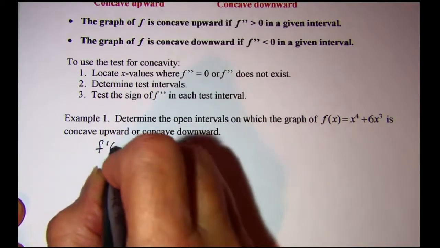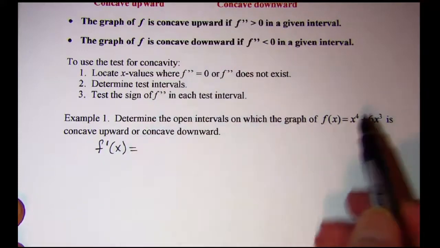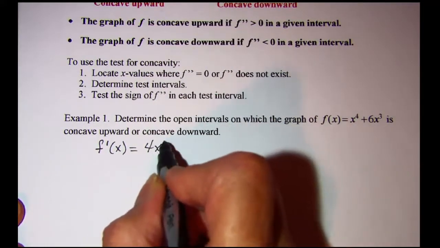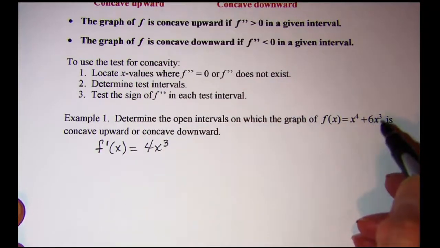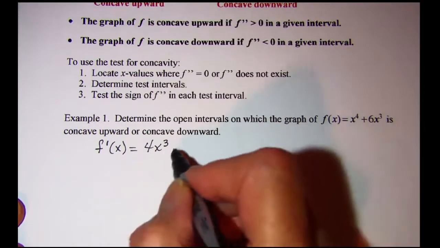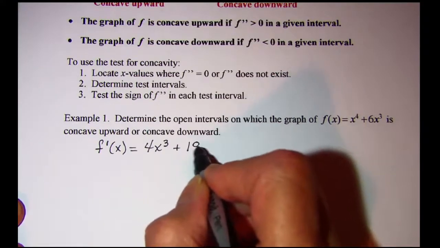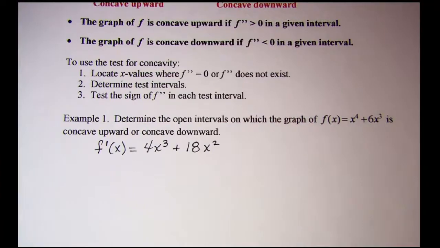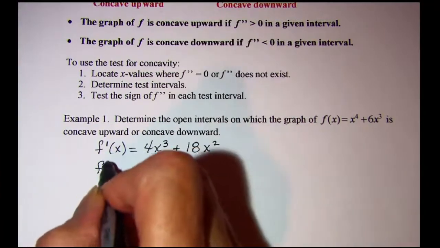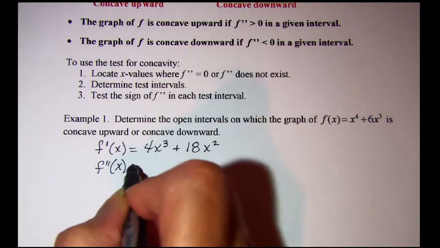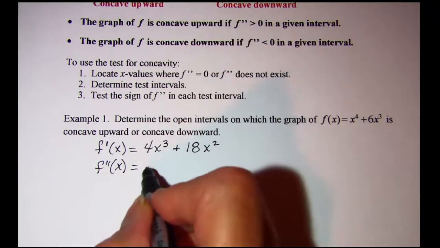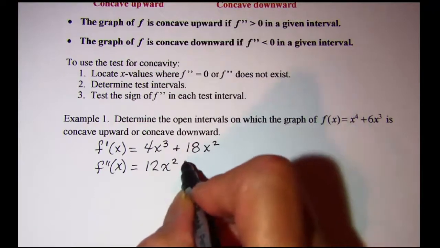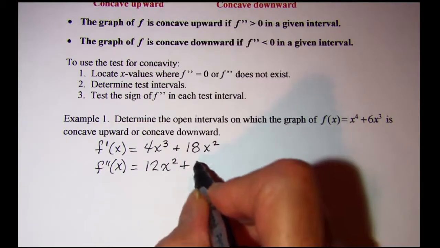Our first derivative is equal to 4x cubed plus 18x squared. Our second derivative then will be 12x squared plus 36x.